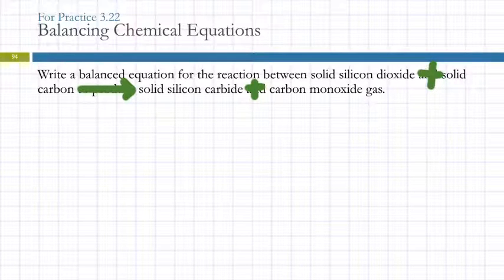So we need formulas. Silicon dioxide is what kind of a compound? Molecular, acid, or ionic? It's molecular. If you find silicon on the periodic table, it's a semi-metal, right? But it's to the right of the line that divides the metals and the nonmetals.